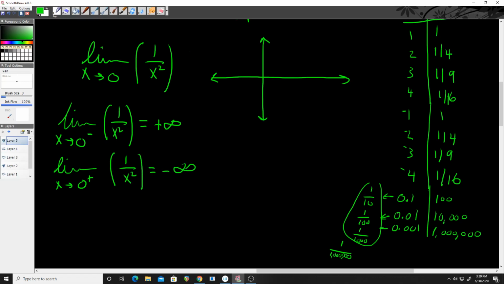So it looks like this. Going to 0 as x goes to infinity, going to infinity this way, and then over here it's just a mirror image. I don't know why I wrote negative infinity there. Positive infinity in both cases.